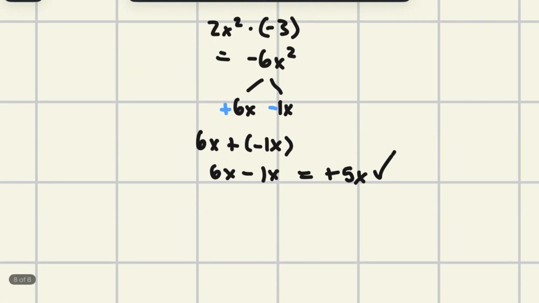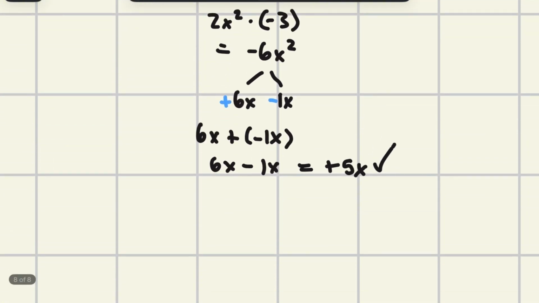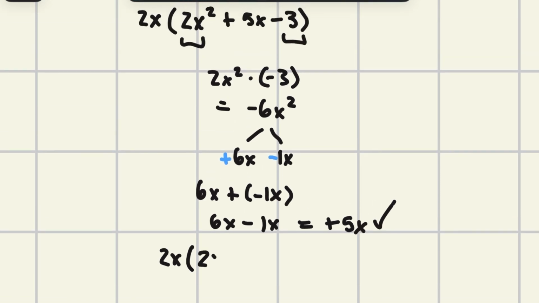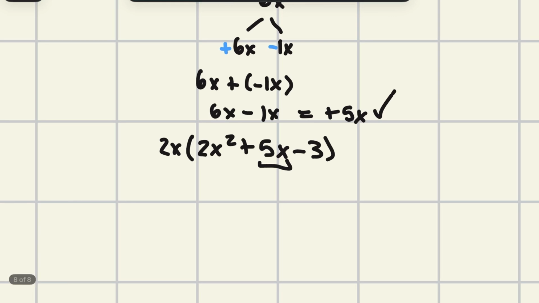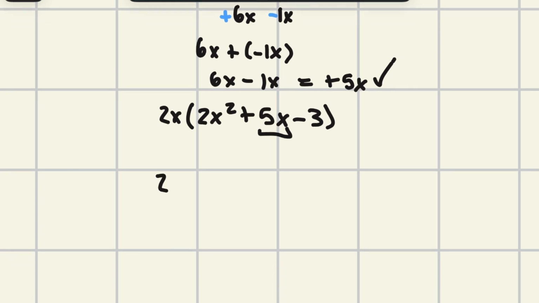So this works. We have to rewrite our equation and break the second term down into our two new values.